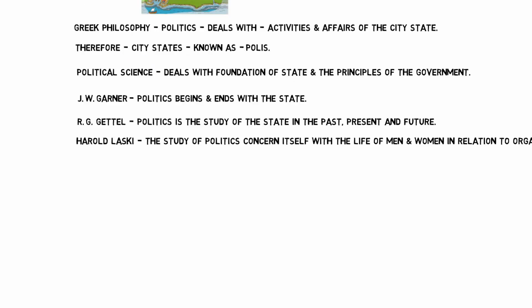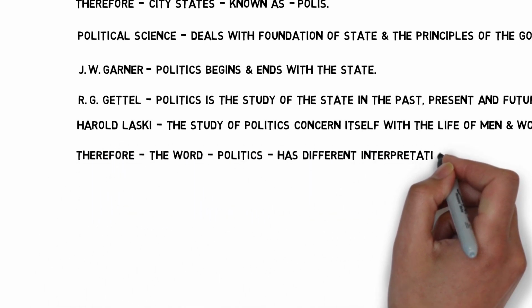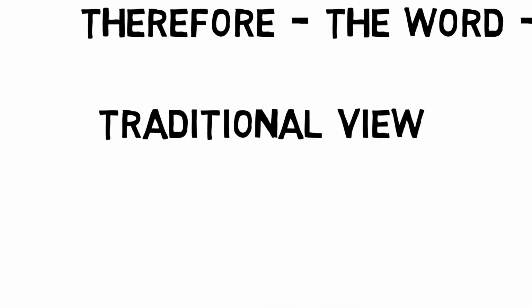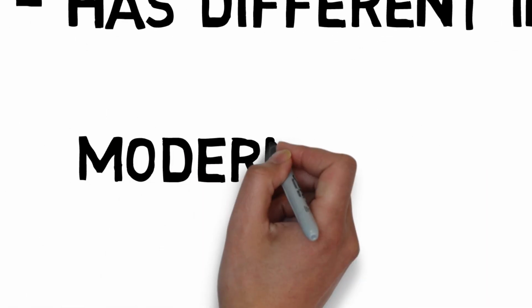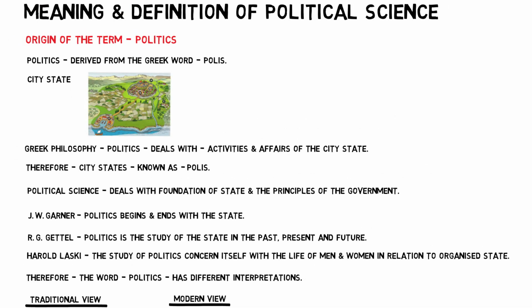So the word politics has different interpretations. One is the traditional view and one is the modern view. When we talk about the meaning of political science or politics, it has been interpreted differently by different scholars.